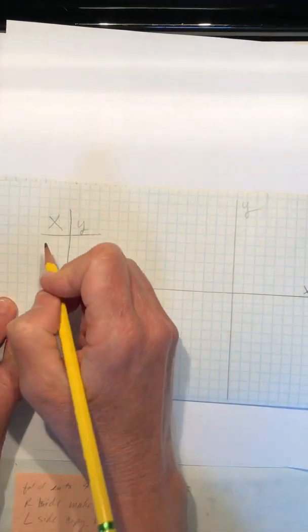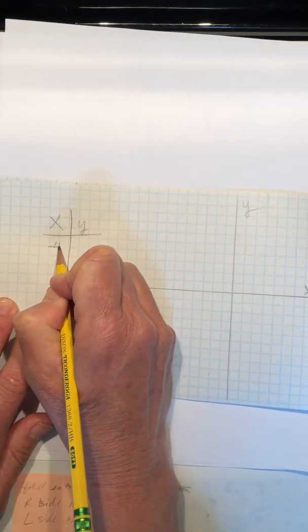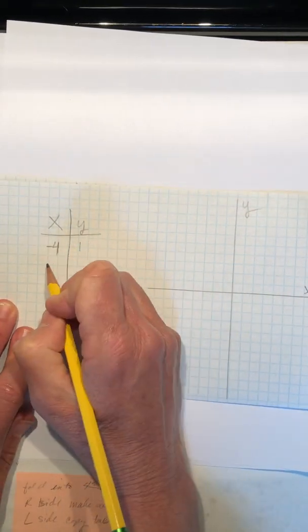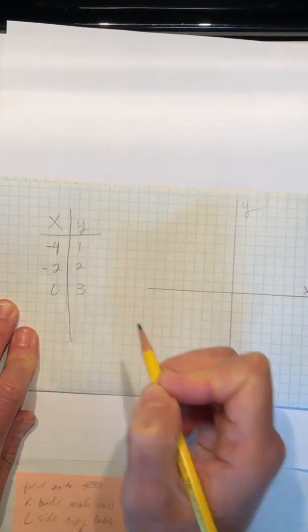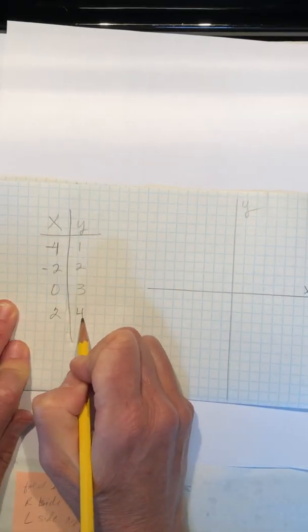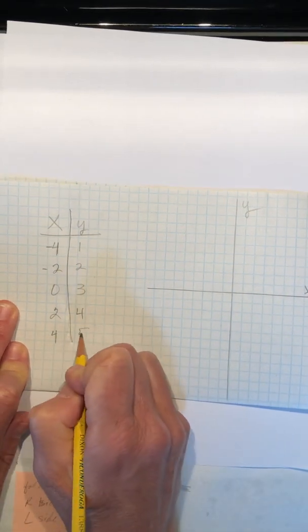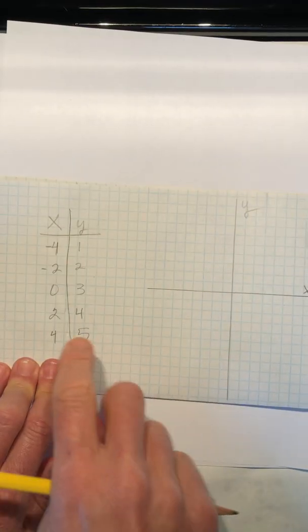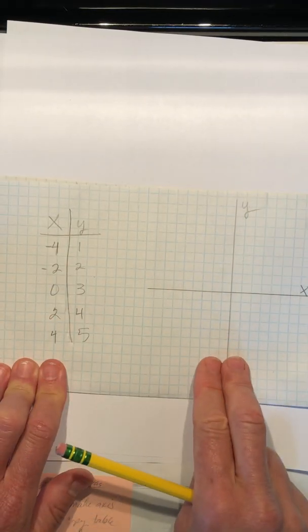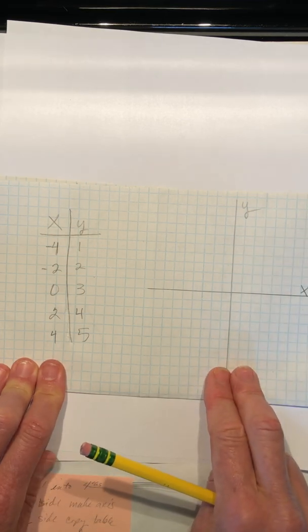I have -4, 1, -2, 2, 0, 3, 2, 4, and 4, 5. So this is your first independent problem. I got you all set up. These are the points that you will plot and connect using your ruler.